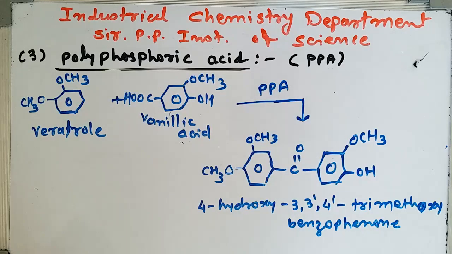So benzophenones are prepared by interaction of phenolic ethers like veratrol and alkyl benzoic acids like vanillic acid. In presence of polyphosphoric acid, we get 4-hydroxy-3,4-trimethoxy benzophenone. So this is a very important application of polyphosphoric acid.